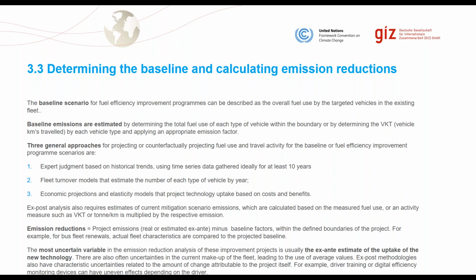Baselines, as you know, normally are estimated by determining the total fuel use of each type of vehicle within the boundary, or by determining the vehicle kilometers traveled by each vehicle type, and applying the appropriate emission factor to estimate those emissions.